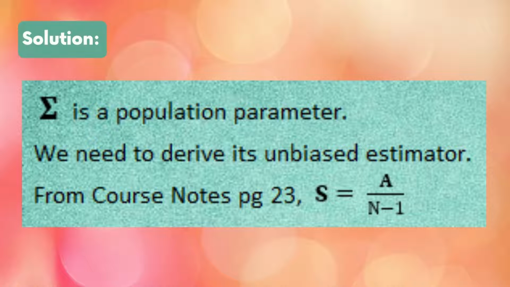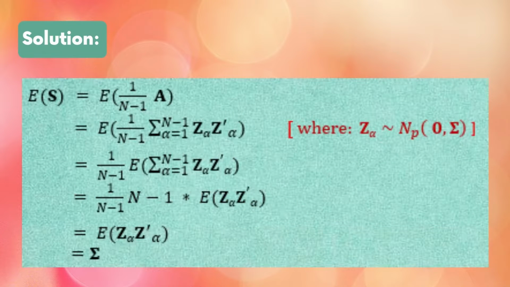From our course notes on page 23, we find that the sample covariance matrix S is equal to matrix A over n minus 1. So, we get the expectation of S. Substitute A over n minus 1 for S. Note that the characterization of A is the summation of z alpha z alpha prime, where alpha is from 1 to n minus 1.